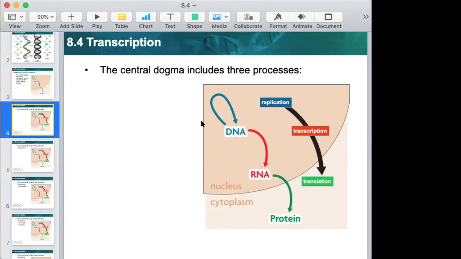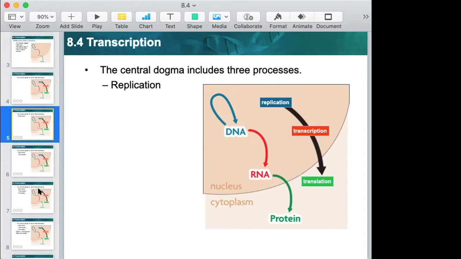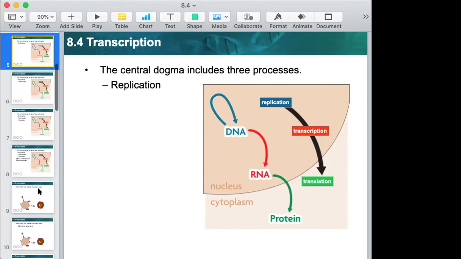So there's three parts to this. We talked about replication yesterday, where the DNA just copies itself. And then transcription, we're going to talk about today, where the DNA makes RNA.